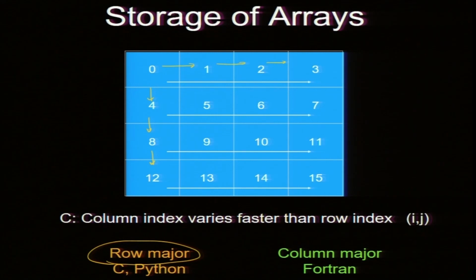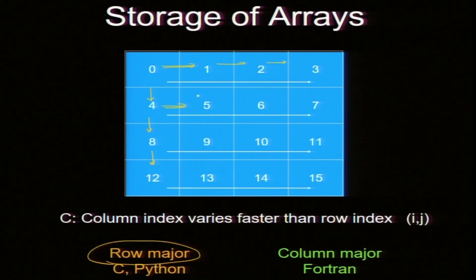It turns out row major means the storage is sequenced for a given row. You store all the columns first, then go to the next row, store all the columns, like that. For a given row you collect all the column elements. So, in memory it is going to be stored as 0, 1, 2, 3, 4, 5, like this.